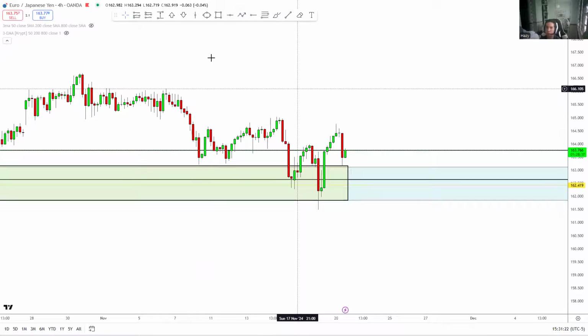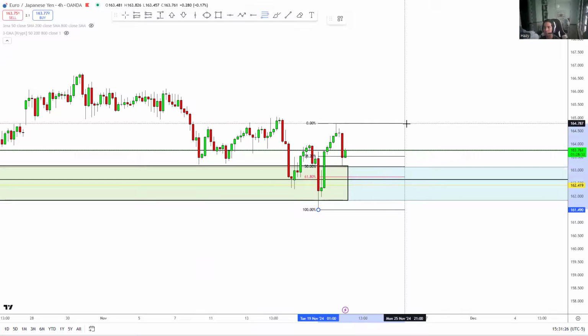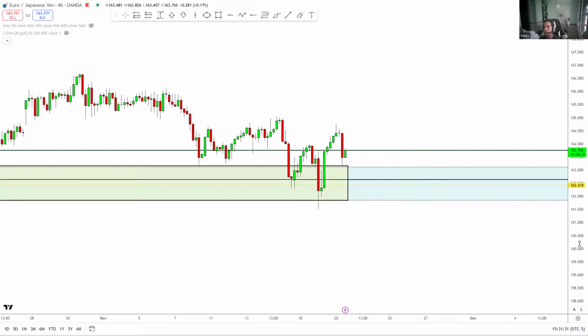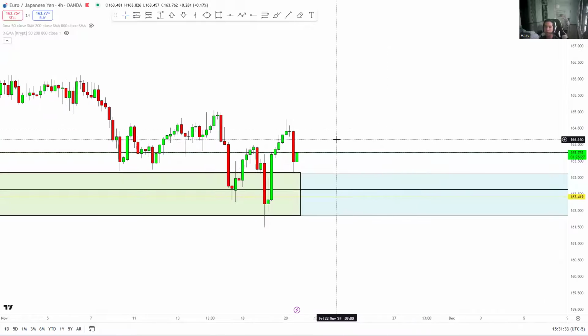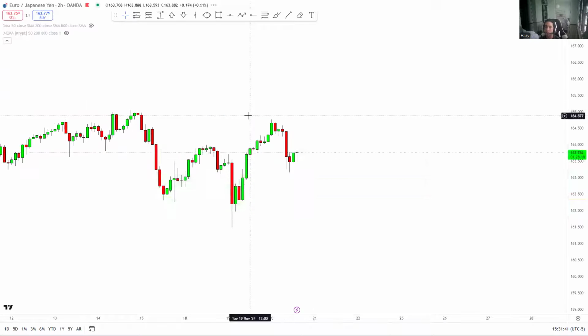This pullback is a minimum 38% retracement. So now we can look to enter this position during the right session.